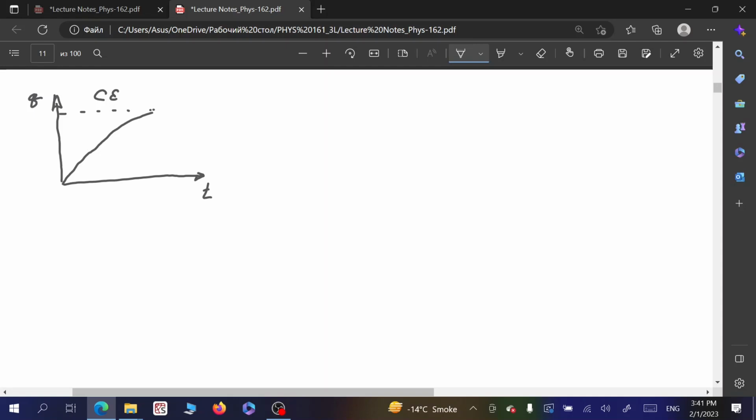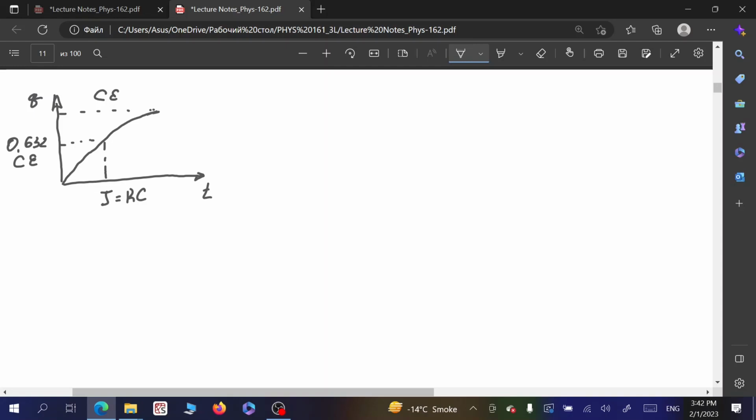So it increases over time, approaches this maximum charge which can be accumulated at the capacitor, and at some time interval which is tau, and that is equal to R times C, we will have about 63% of the maximum electric charge accumulated at the capacitor. So it will be 0.632 times C epsilon.